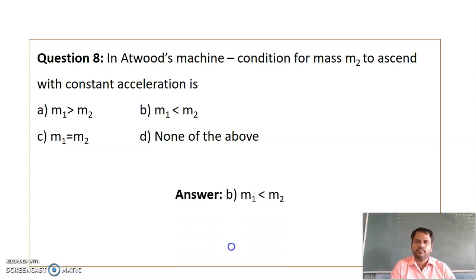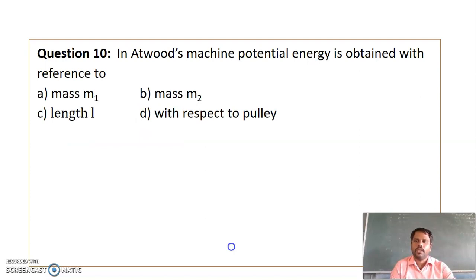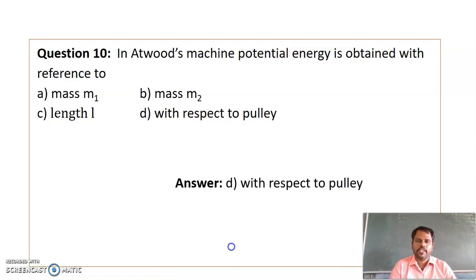Question 9: The condition for mass m1 to descend with a constant acceleration is m1 greater than m2, so the option is A. Question 10: In Atwood's machine, the potential energy is obtained with reference to, all these are with respect to the pulley, option D.